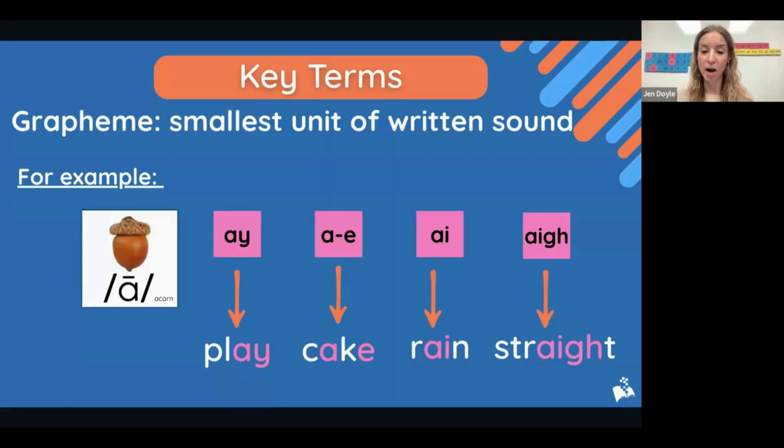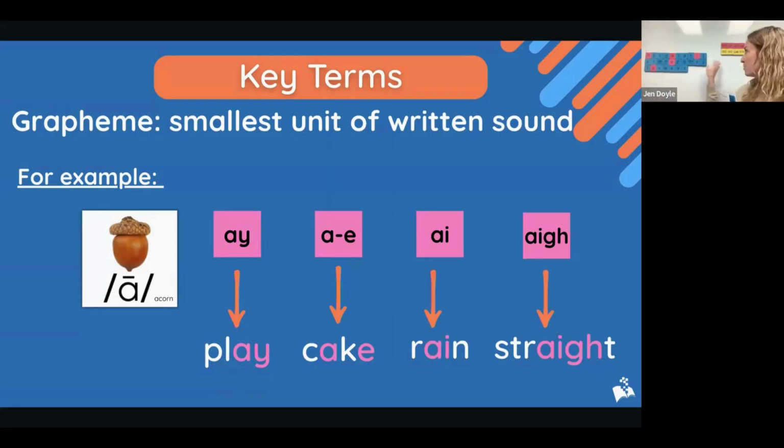So that can be a really complicated thing for students to learn, which is why tools like magnetic letters are really helpful. And I'll explain more about this as we go through, but it helps students to not have to recall all of those graphemes by seeing them on the board, and not having to think about all the different ways to spell.